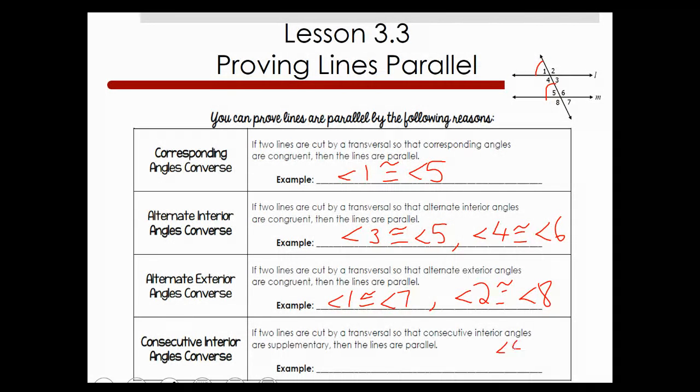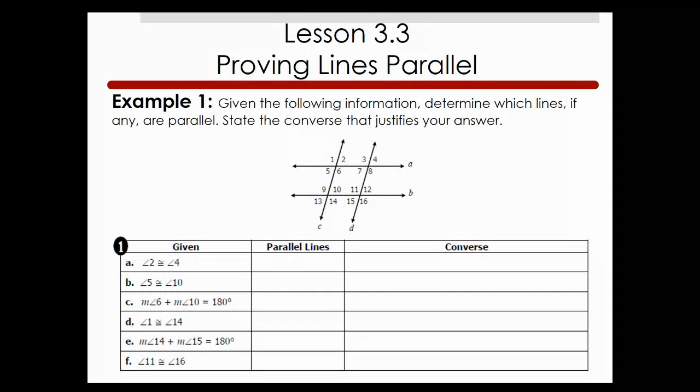So angle 4 plus angle 5 has to equal 180. If they equal 180, then we know it is parallel. Same thing, if angle 3 and angle 6 add up to 180, then we know it is parallel. So again, this is slightly different.